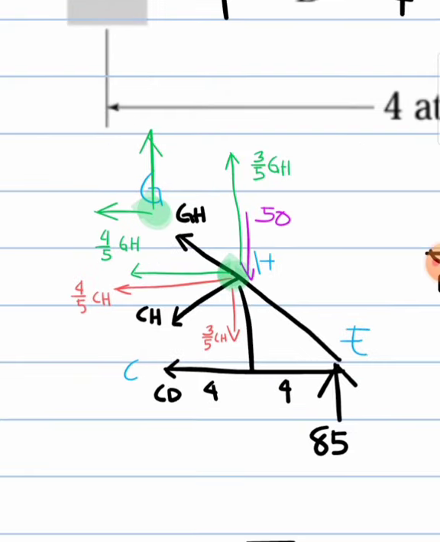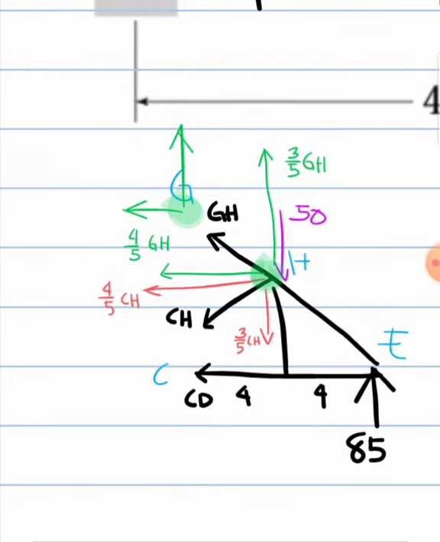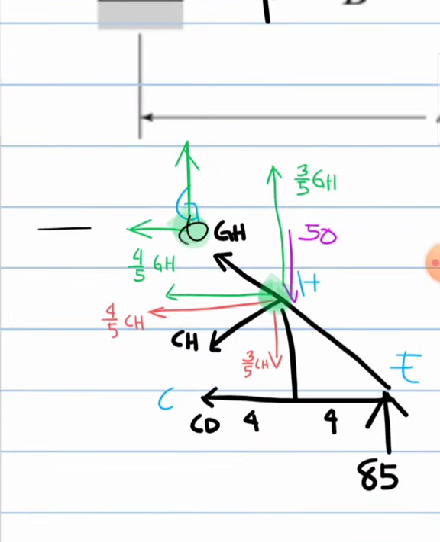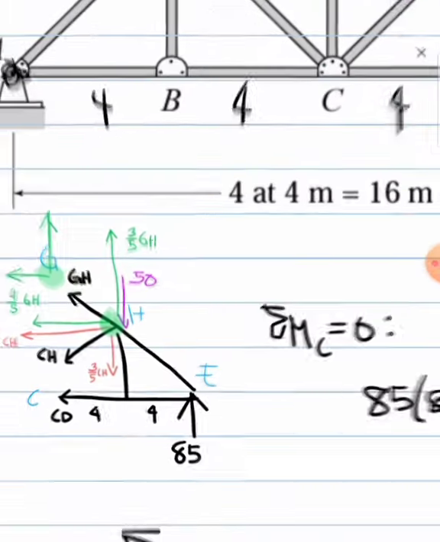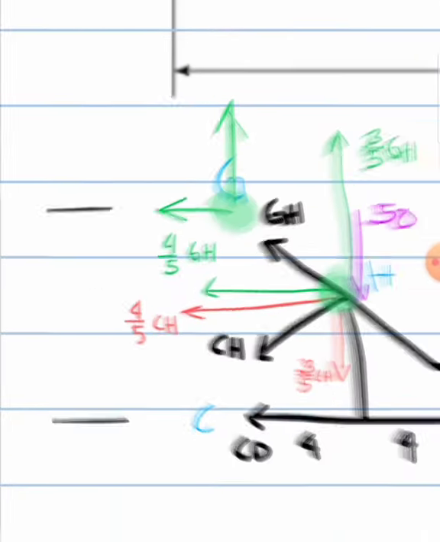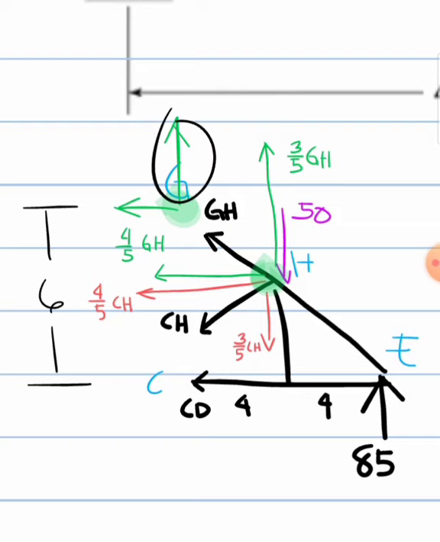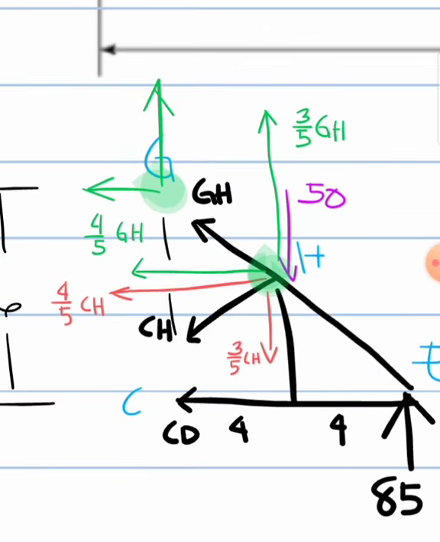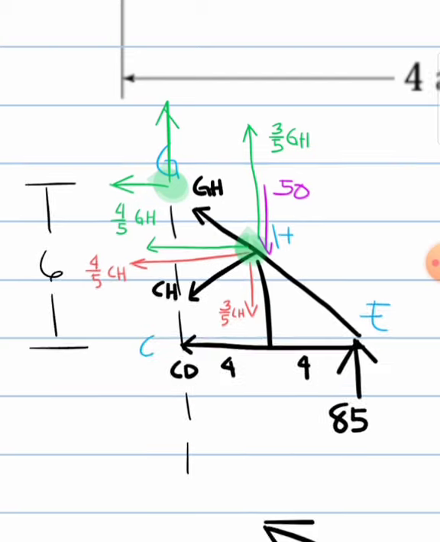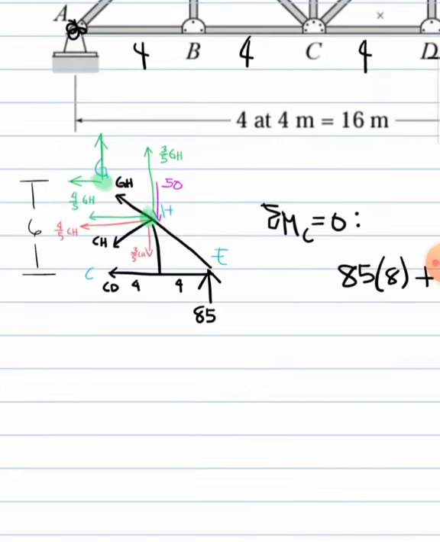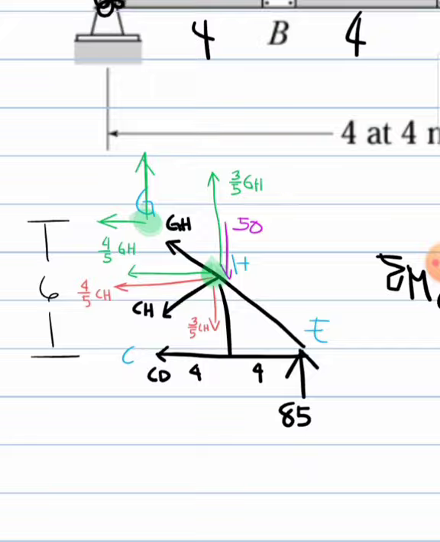So it is easier to break down this force at point G, because we can knock down this vertical component because it passes through point C, the line of action of the vertical component. So that's another technique there to make your solution shorter and less prone to errors, right?